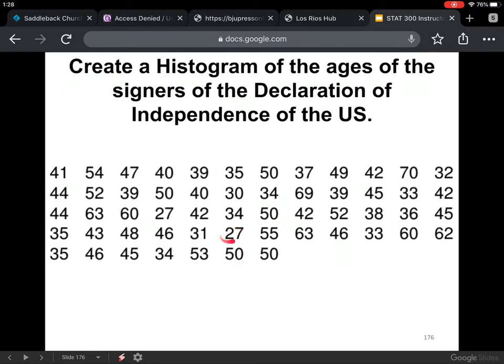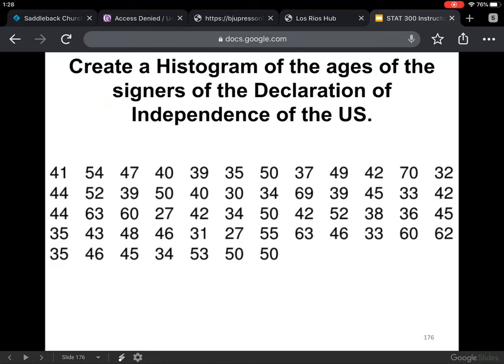If you were 27 and you were basically deciding on the fate of an entire country, separating from Great Britain and England, and starting out creating laws and so forth, that is a lot of responsibility at the age of 27. But nonetheless, there were some of those.